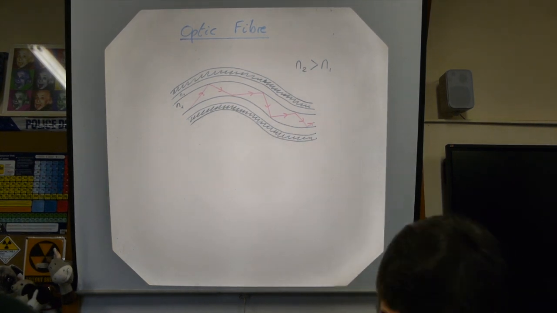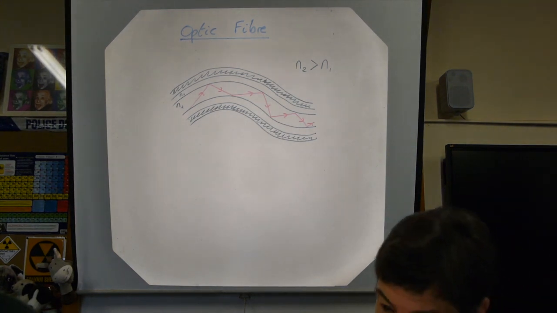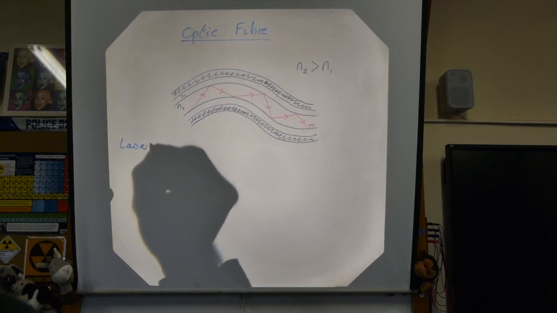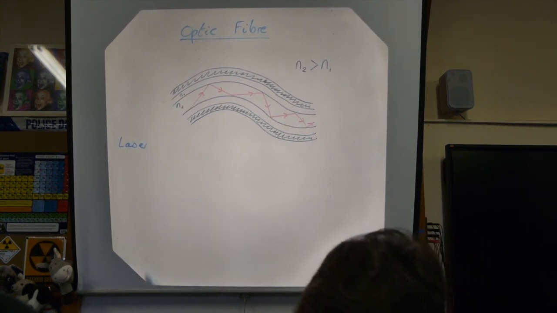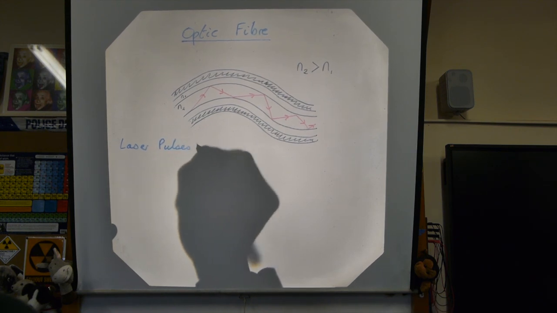Finally, how is this used for communication? Again, don't start me because I could go on for hours here. Use a laser. Use a rapidly pulsing laser, so we can use laser pulses.